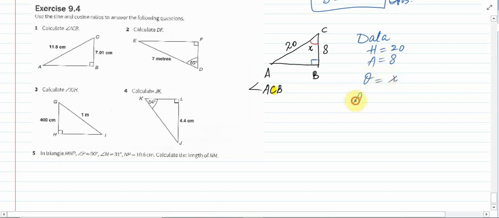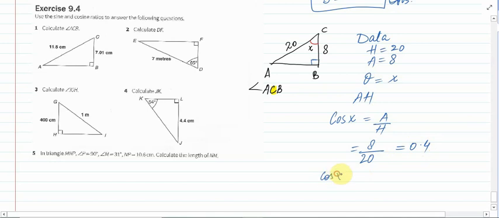Now A and H comes in cos. The angle is X, working formula adjacent divided by hypotenuse. The value of adjacent is 8, the value of hypotenuse is 20. So if you solve 8 upon 20, it gives you the value 0.4.